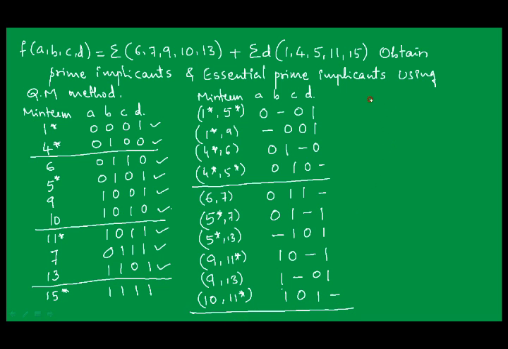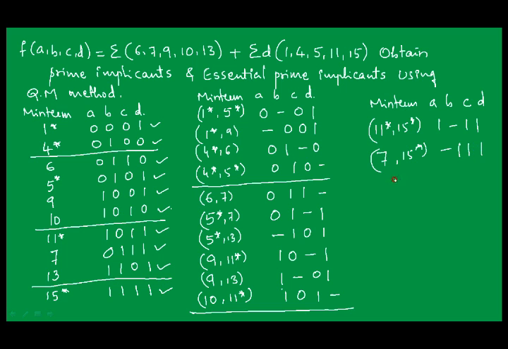Third group I'll write here. The third group contains 11 star 15 star. Put a tick mark in the initial table. Then 1 dash 1 1. 7 15 star: already the tick mark is there, no need to put it again in the initial table.